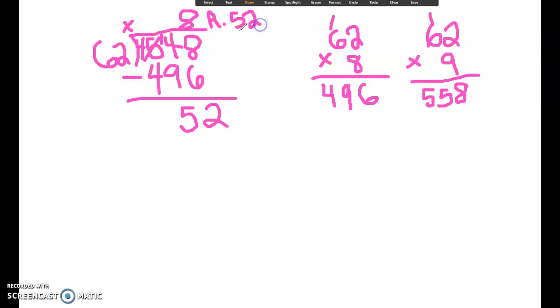So my quotient is... Who wants to read my whole answer? 8. Remainder 52. And I know 52 is my remainder because it's smaller than my 62. So therefore this is correct. Okay? Good job.